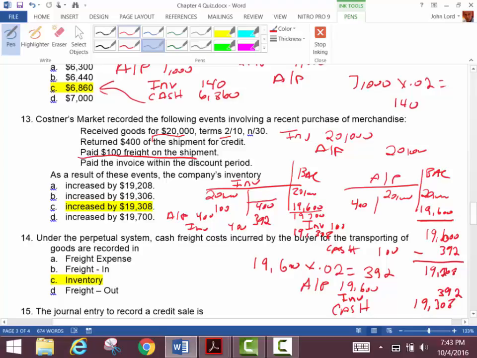Thank you. 19,208, so 19,208 is what I had to pay this guy. And the discount, now I don't trust anything you guys say. 19,600 times a 0.02 discount is 392, and so 19,600 minus 392 is what? 19,208, so my journal entry balances, right? Right? Okay, thank you. So it should have been 19,208.